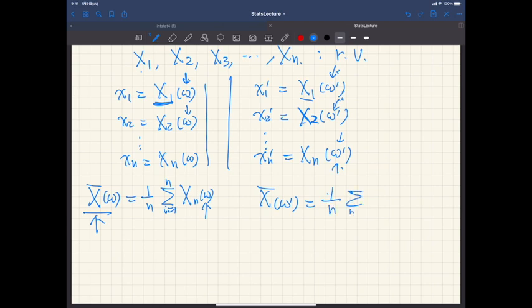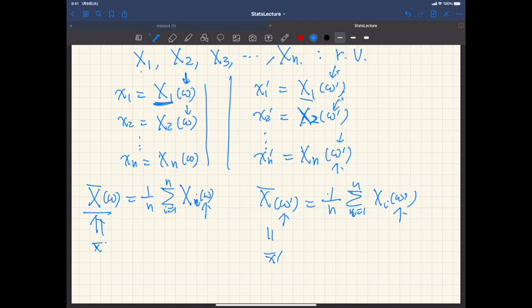Oh, sorry, this should be i. Omega prime here, and that is equal to x bar prime. This is equal to x bar.